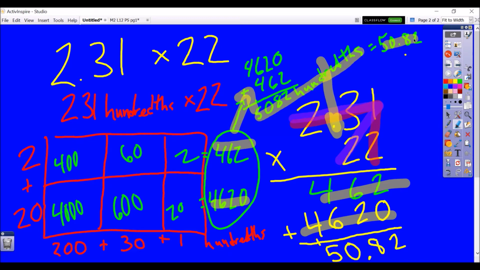So now in our standard algorithm, we're doing all of those steps all in one, making this method even faster and more efficient. So that's why we encourage you to start transitioning away from the area model into the standard algorithm. But as you can see, area model gets it right as well. So as long as you're accurate, that's all that matters.